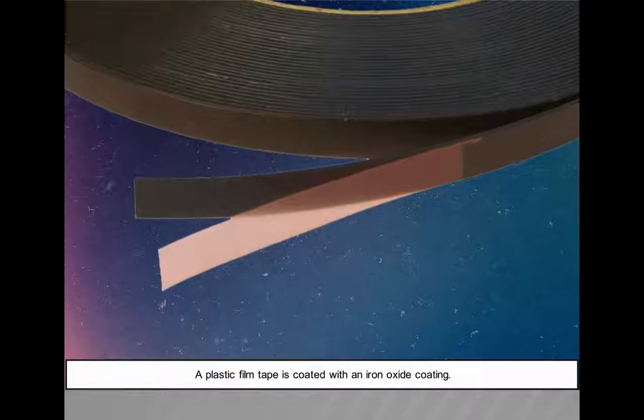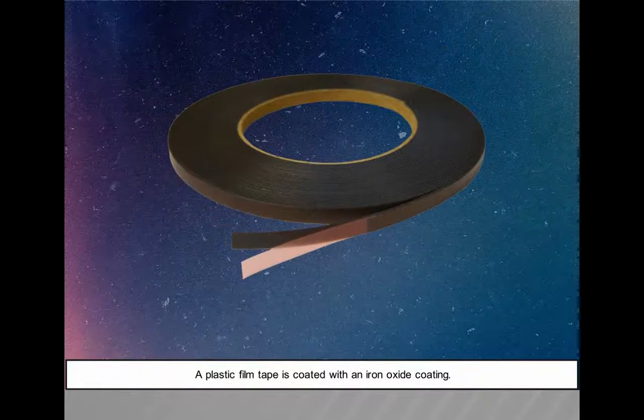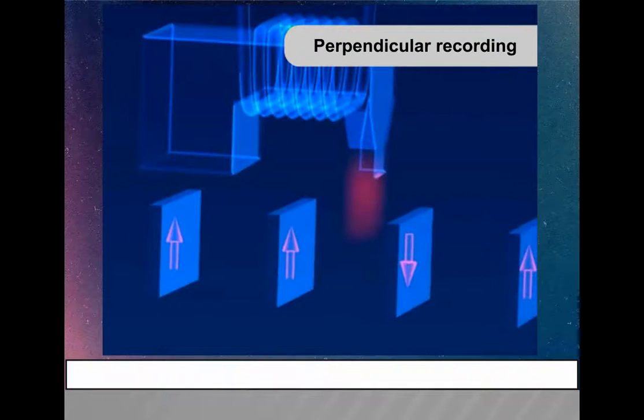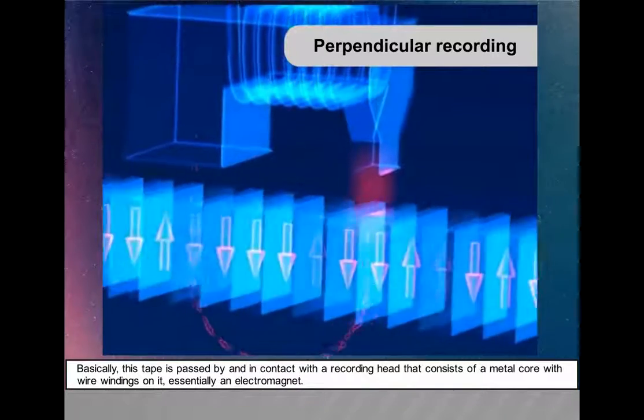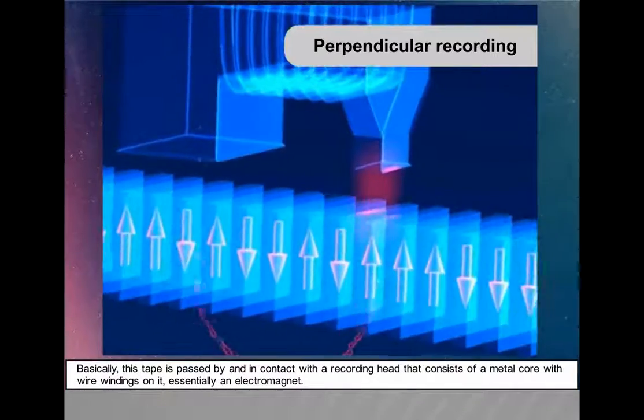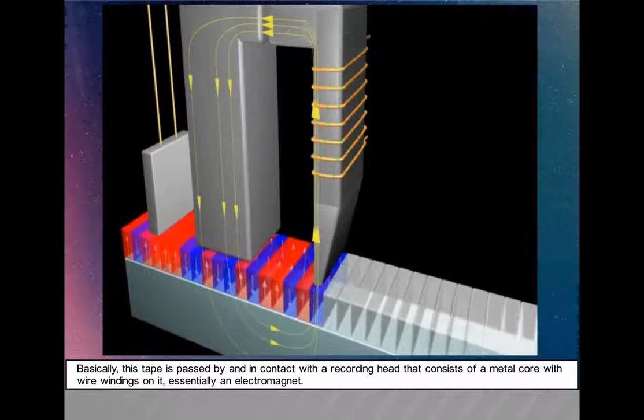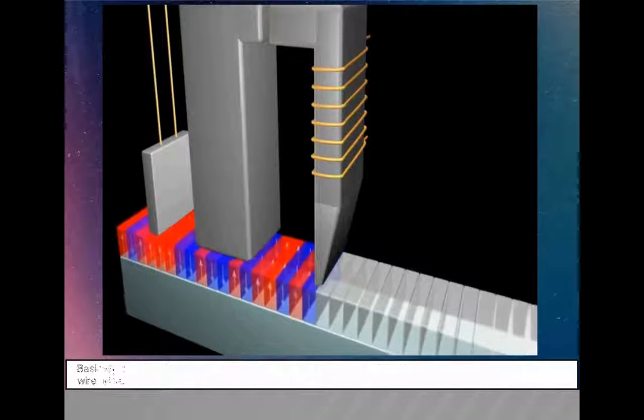A plastic film tape is coated with an iron oxide coating. Perpendicular recording. Basically, this tape is passed by and in contact with a recording head that consists of a metal core with wire windings on it, essentially an electromagnet.